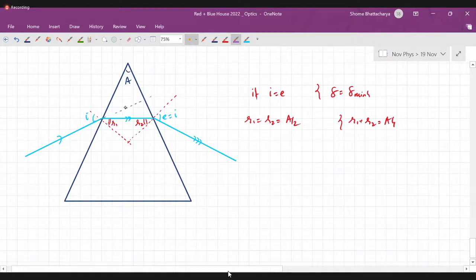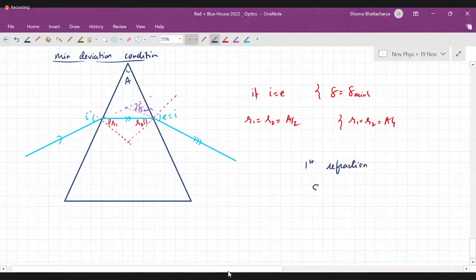So even this other triangle that we had drawn earlier also has a symmetry. So now we can see for the first refraction, we have sine I should be equal to mu sine A by 2.